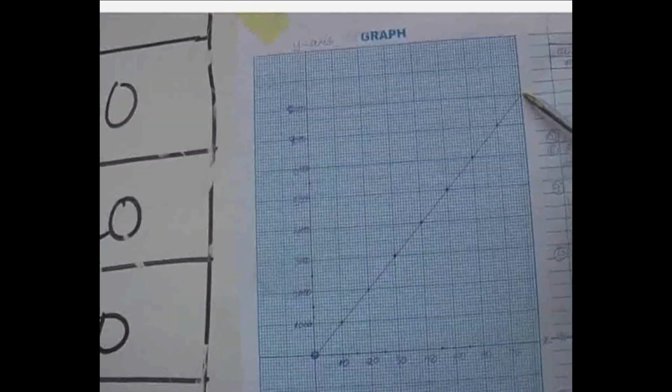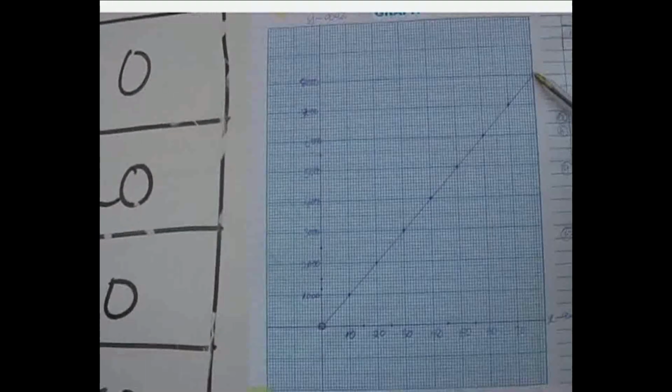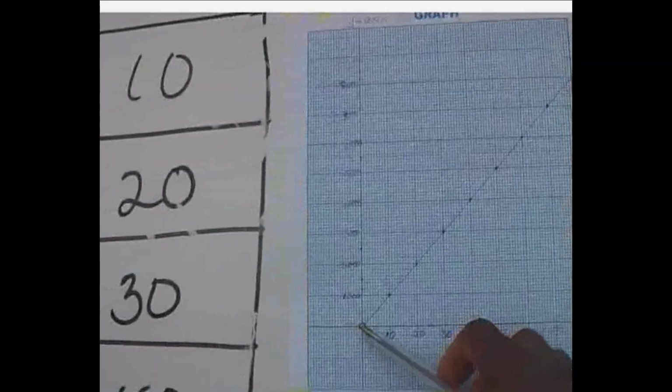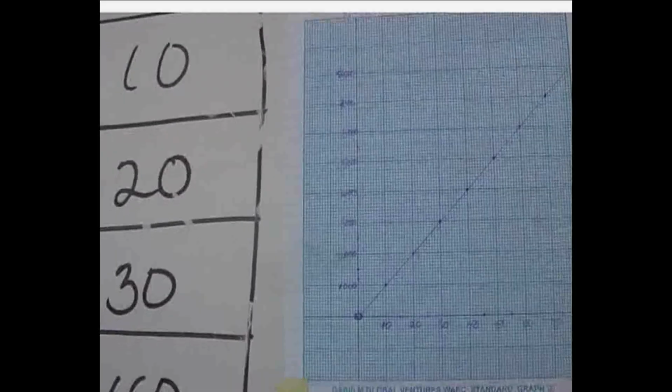The next one we are going to plot now is the graph of inverse proportion. And when we do, instead of the line moving from 0 towards this side, you will see that it will slope from somewhere here and come across like this.